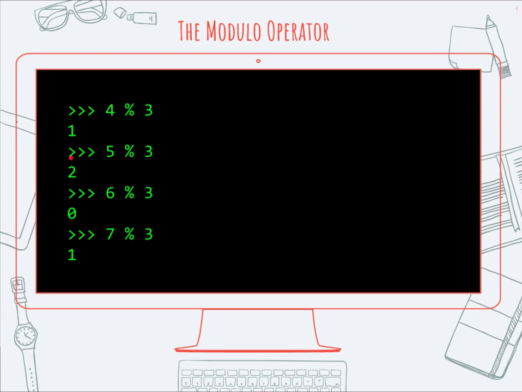So this operator doesn't care about the division problem. It just wants to know what is left over. When one number is divisible by another number, in the case of 6 modulo 3, we get 0. Notice it's the percent sign that you put in the code.